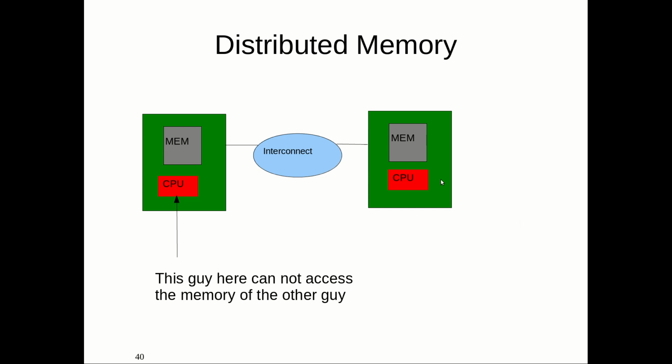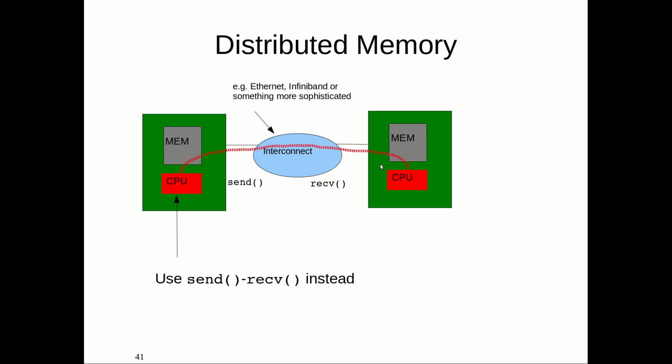So this is how it works. If we talk about distributed memory, the CPU here cannot access the memory of the other CPU, like the partial results of the other CPU, directly by going to its memory, but it will have to go over the network and explicitly request that part of the memory.